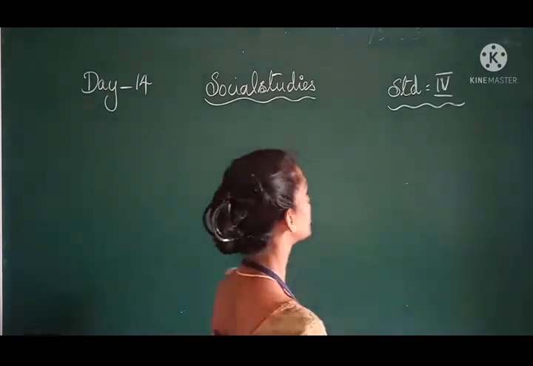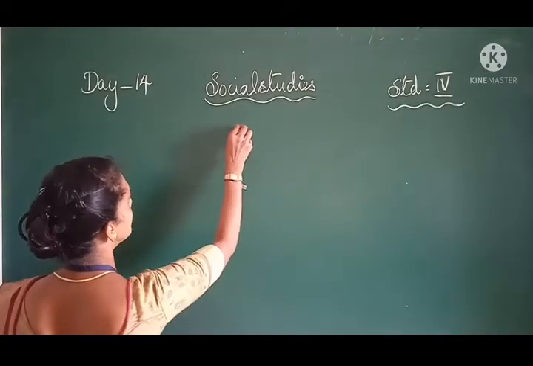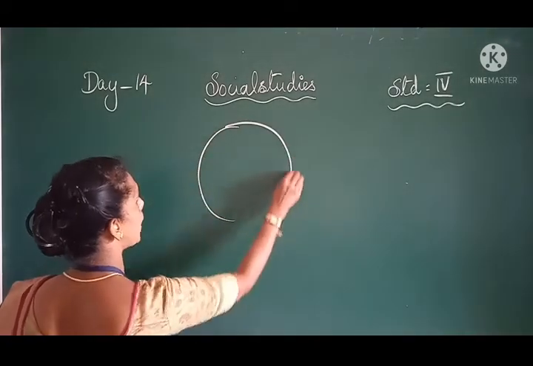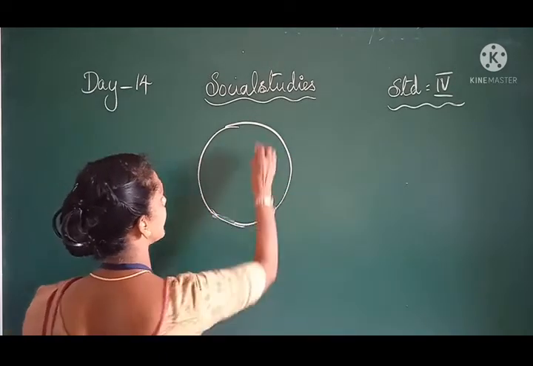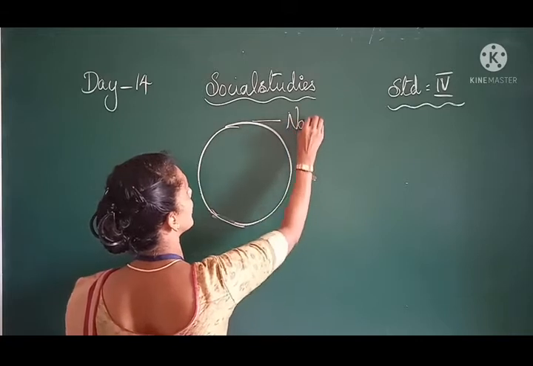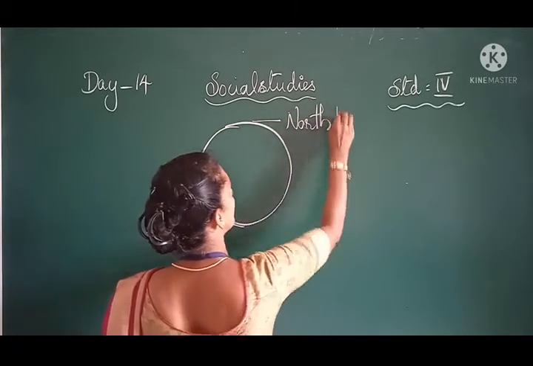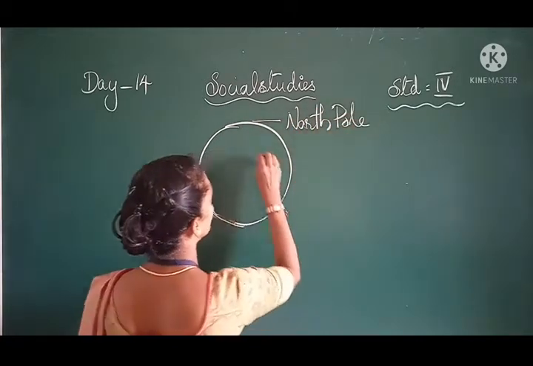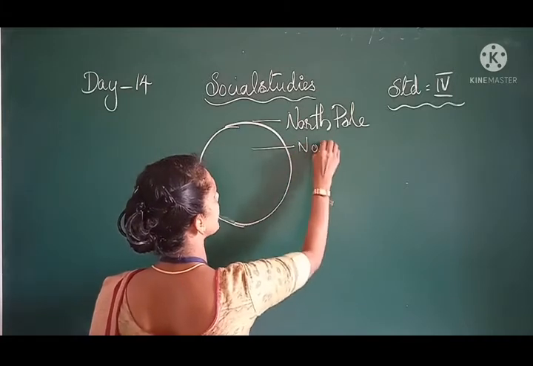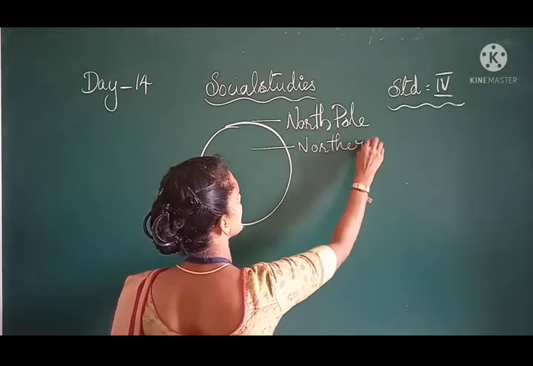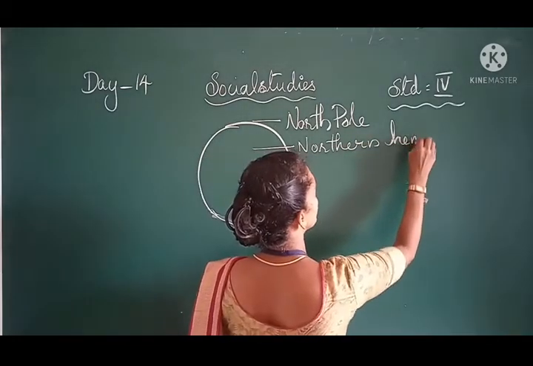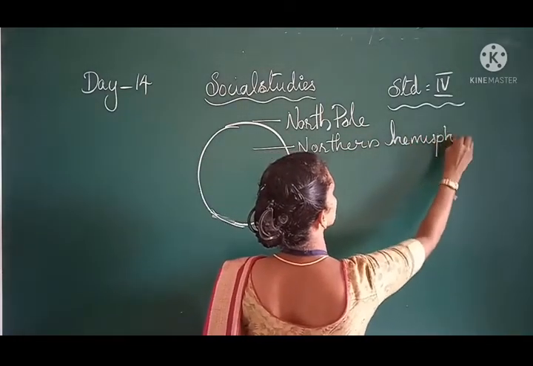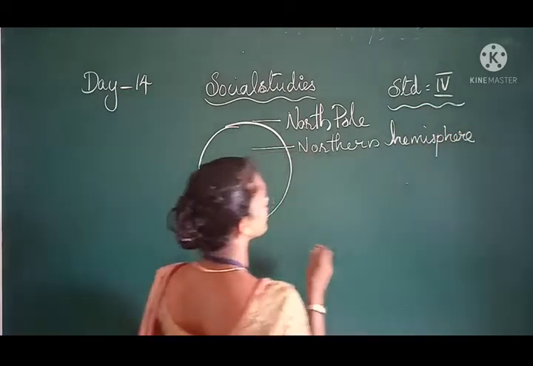Okay, so children, when the north pole gets nearer to the sun, this is north pole, N-O-R-T-H, north, P-O-L-E, pole. Here the northern hemisphere, N-O-R-T-H-E-R-N, northern, H-E-M-I-S-P-H-E-R-E, hemisphere.